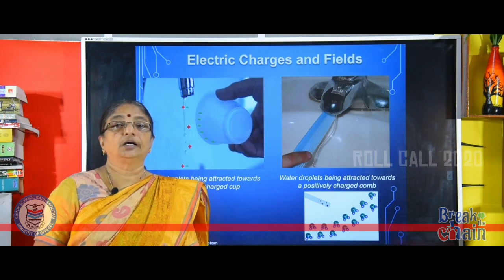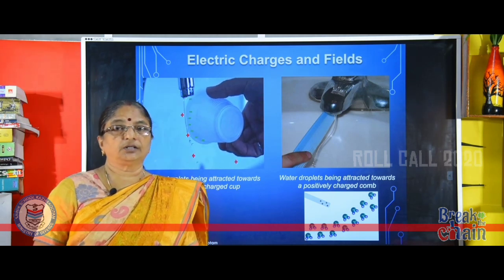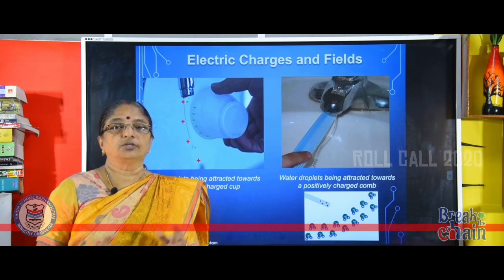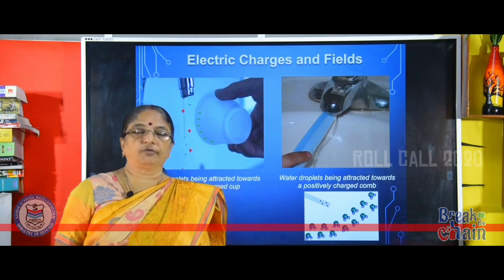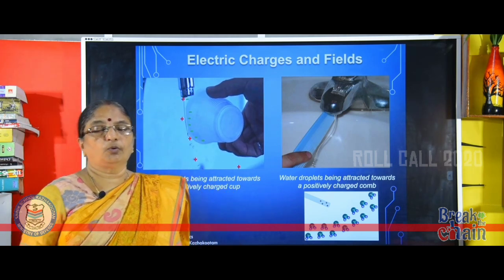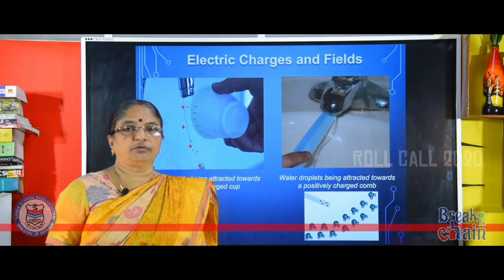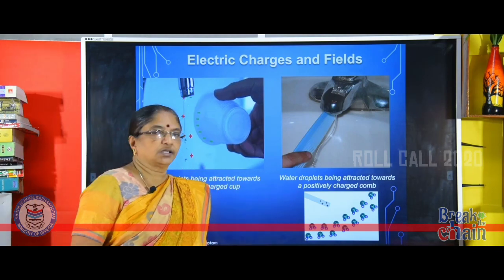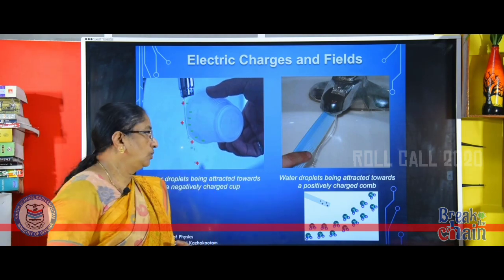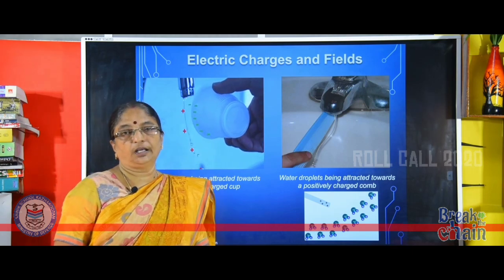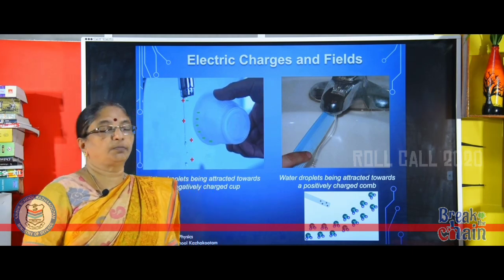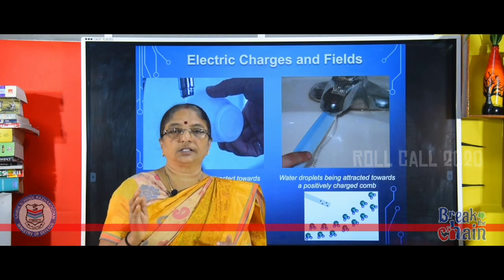That means water has positive and negative charges slightly separated. So, an inherent dipole is there for a water molecule. One end is positive and the other end is negative, as you can see here. So, the negatively charged end will be attracted nearer to the positively charged body, that is why the stream is getting bent.